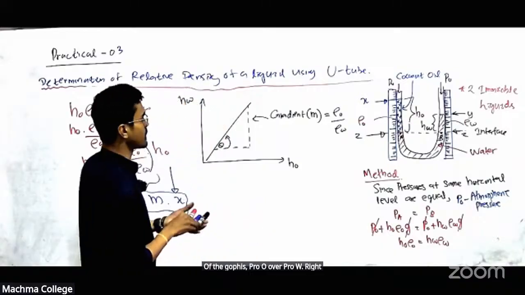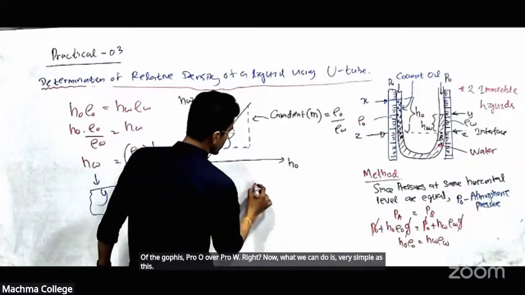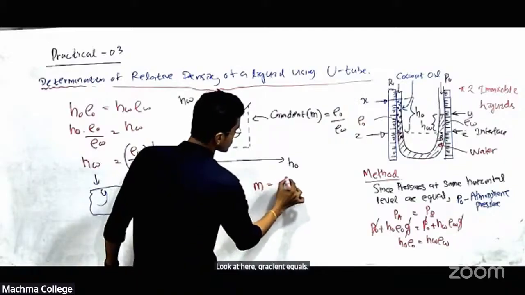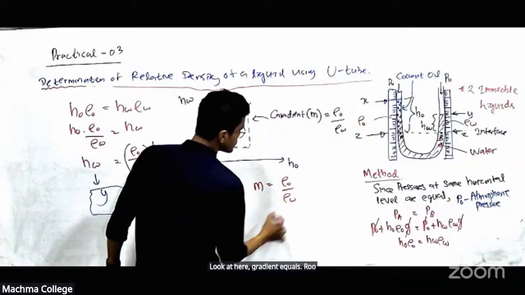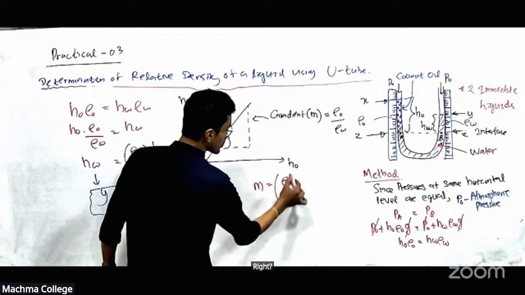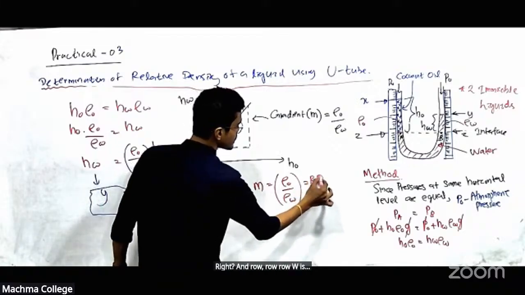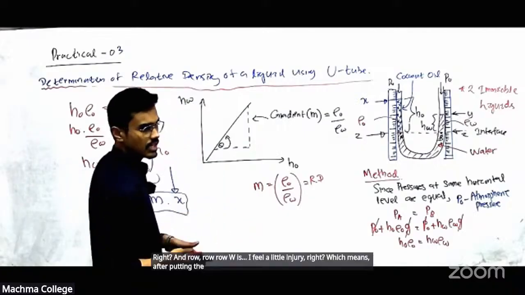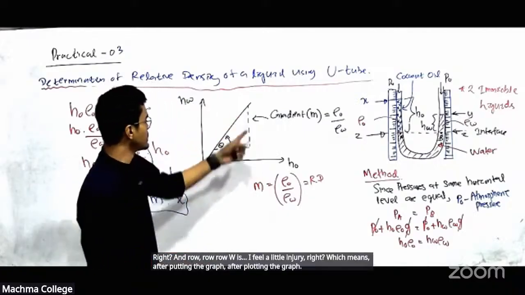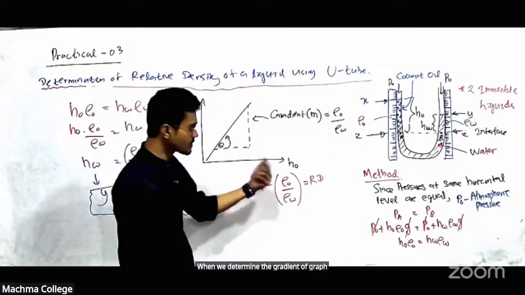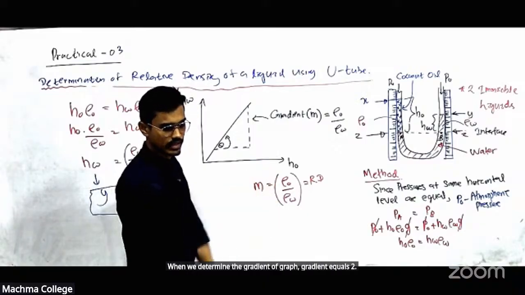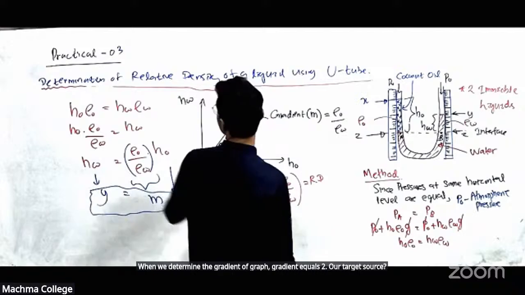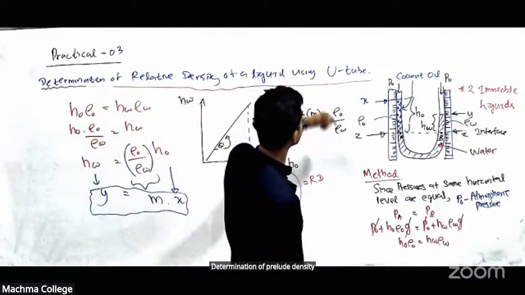Now, what we can do is very simple. Look here, gradient equals rho naught over rho W, and rho naught over rho W is actual relative density. Which means after plotting the graph, when we determine the gradient of the graph, gradient equals relative density. Our target was relative density. Determination of relative density of a liquid using a U-tube.